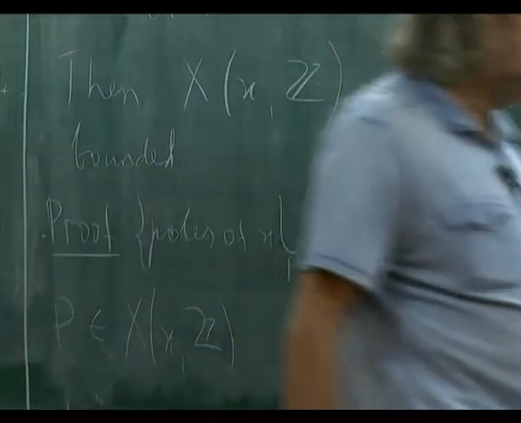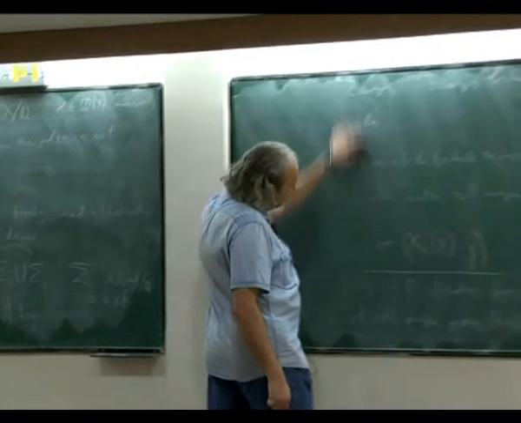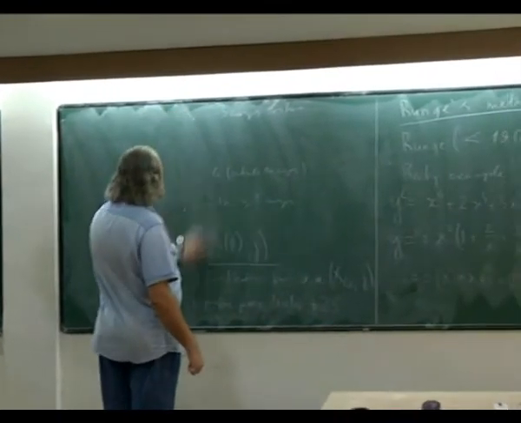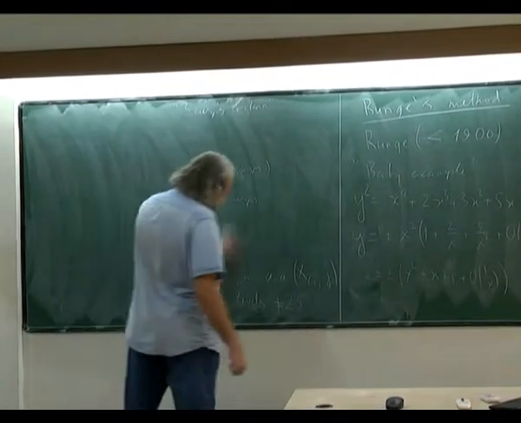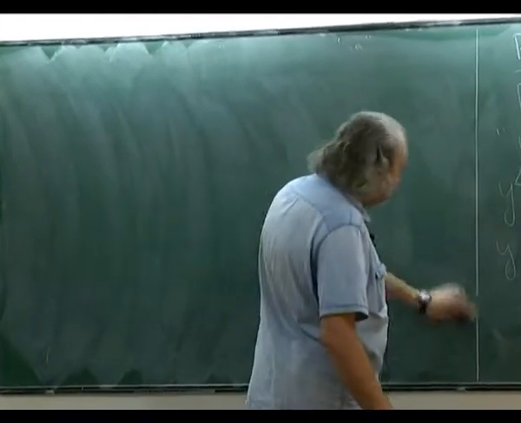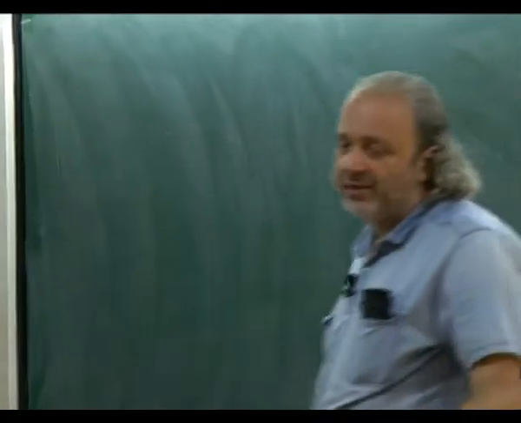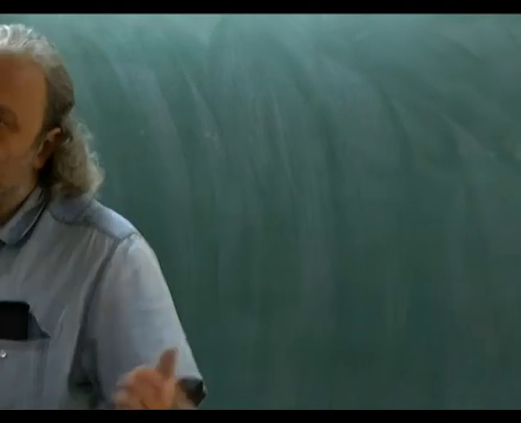So there is a pole, which may not be defined over Q, but it is defined over some extension.